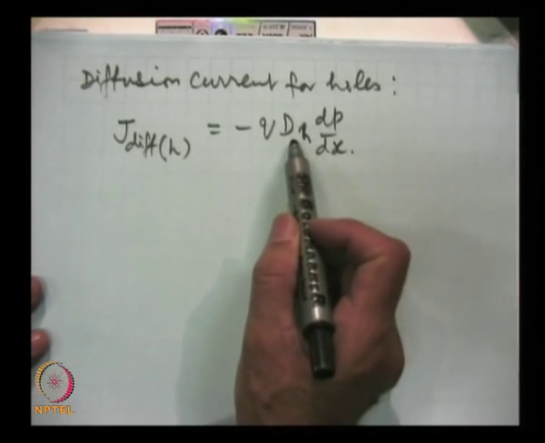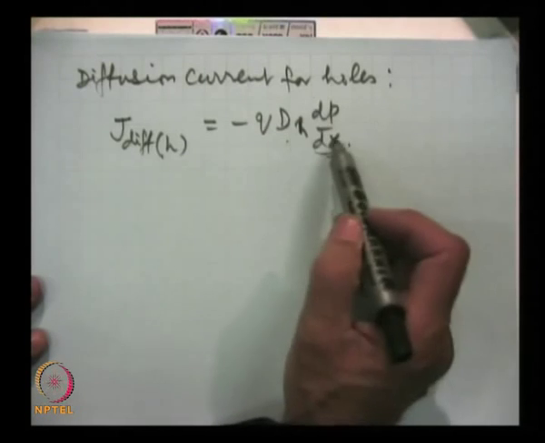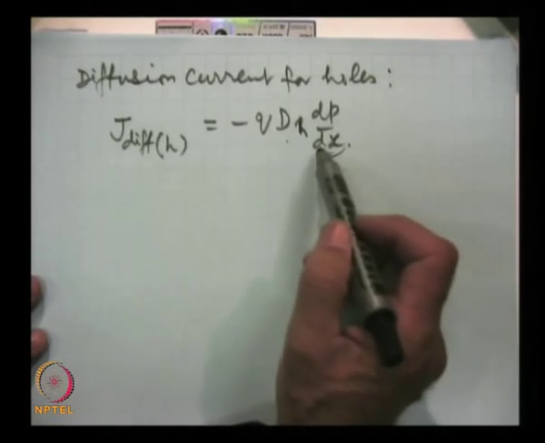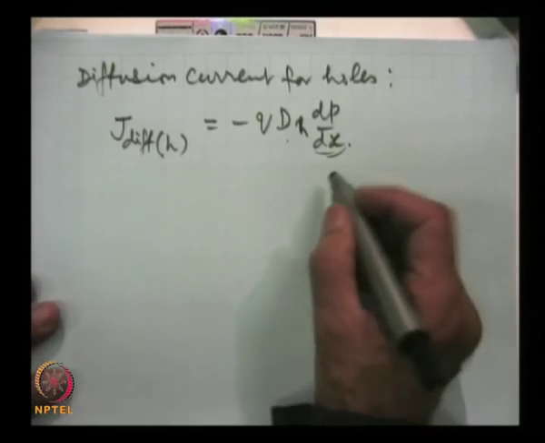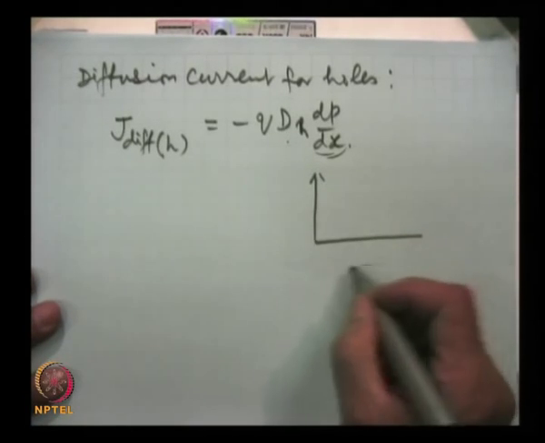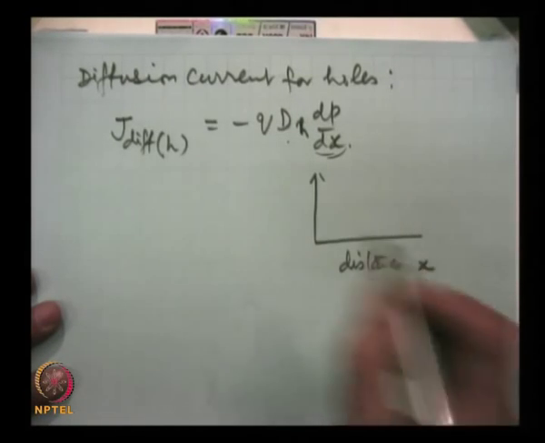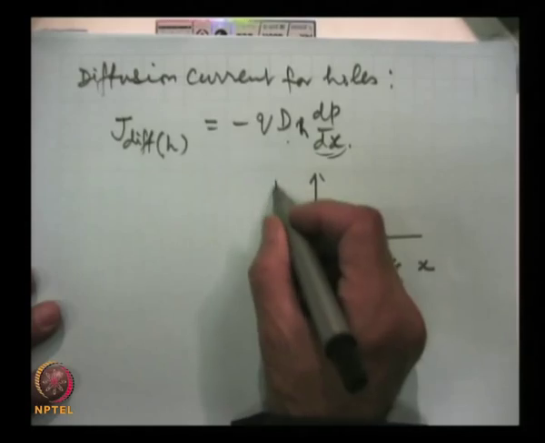This is the diffusion constant for holes, this is the gradient, the density variation with the distance, and this is distance and this is hole density.